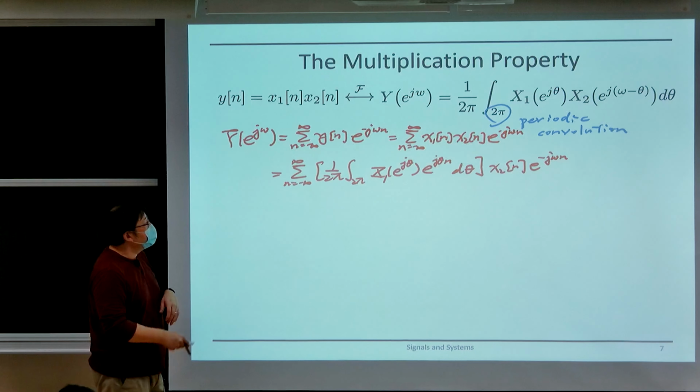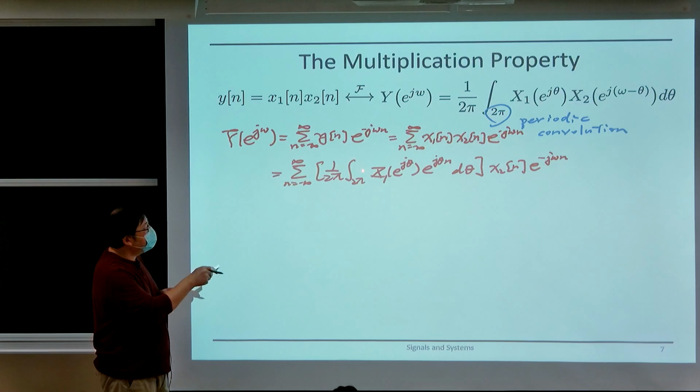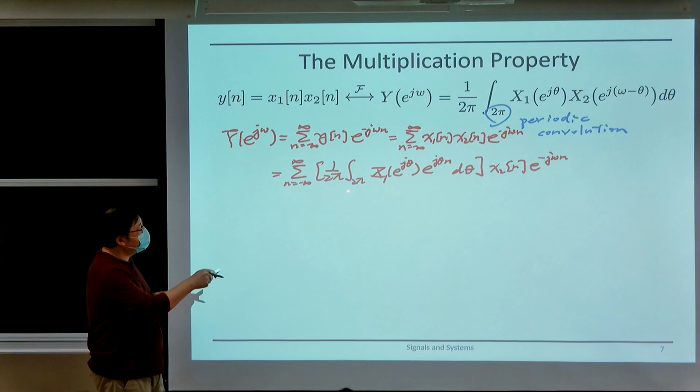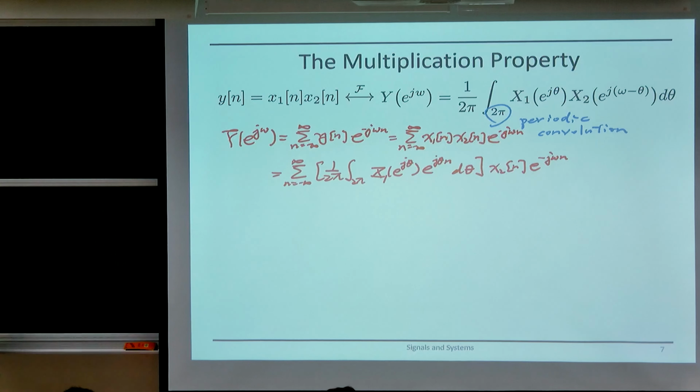And then we just interchange this integral and the summation, right? So we bring this integral outside. This will give us 1 over 2 pi, the integral of X1(e^j theta), times the summation of x2[n] e to the minus j (omega minus theta) n, d theta.